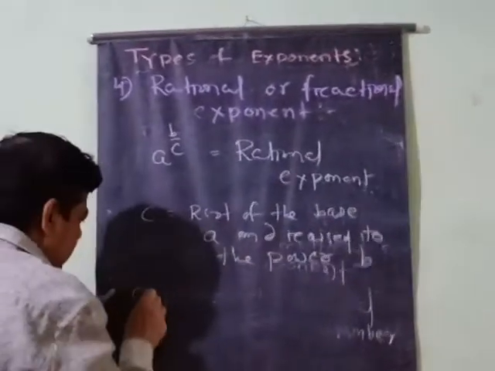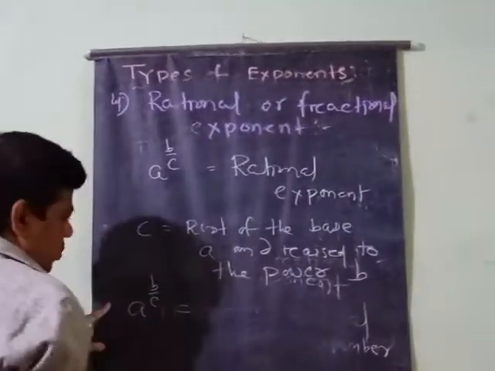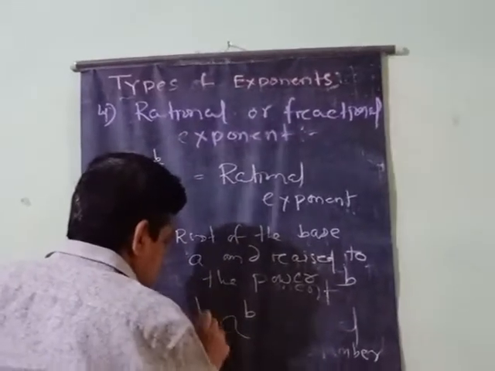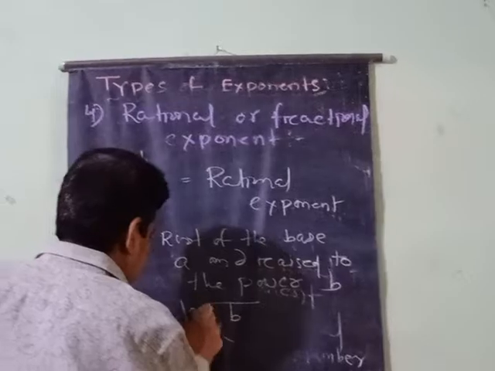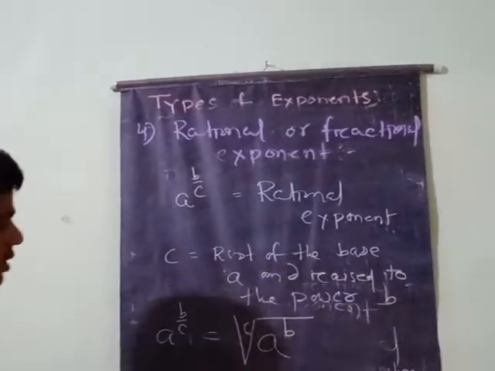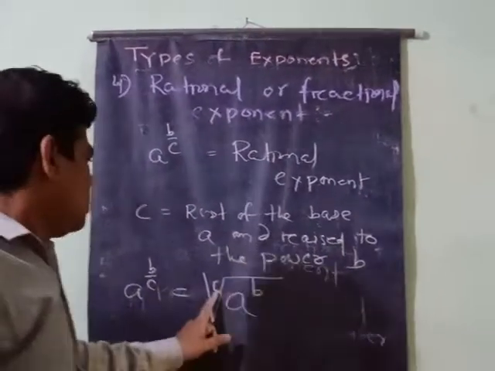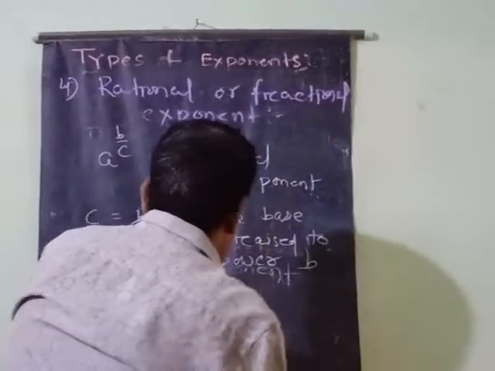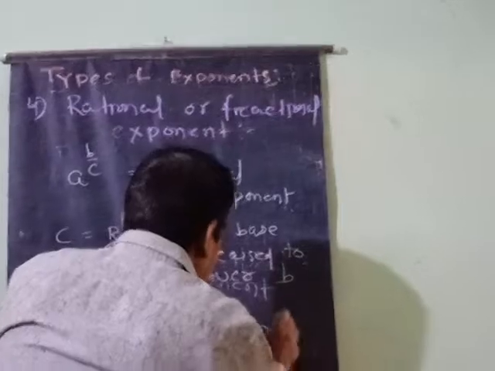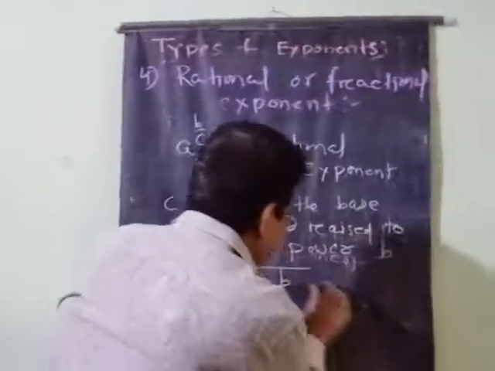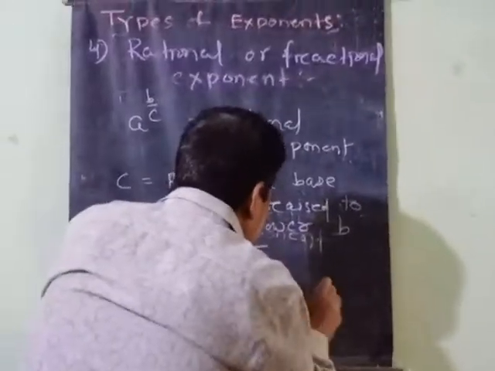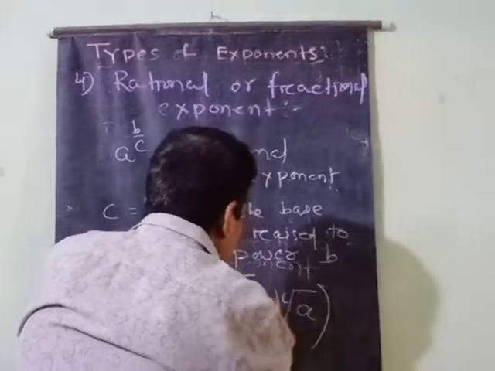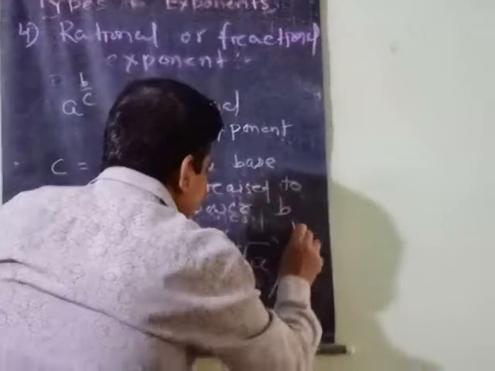So a to the power b upon c can be written also as the c root of a to the power b. This is called the c root of a to the power b. I can write also a, the c root of a, whole to the power b.